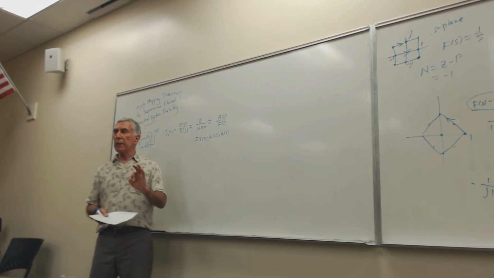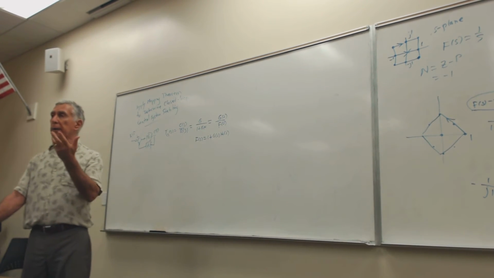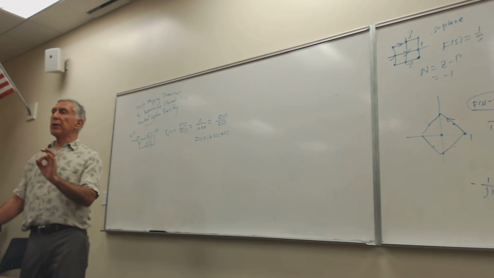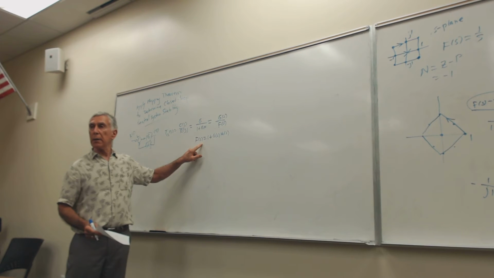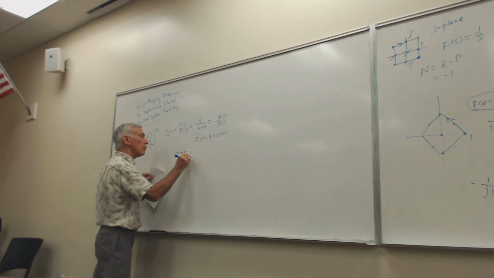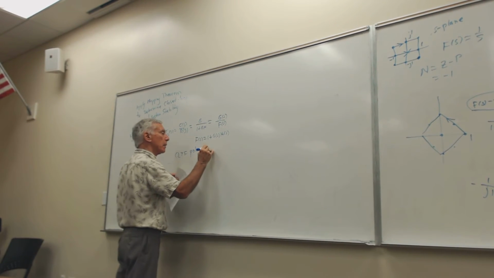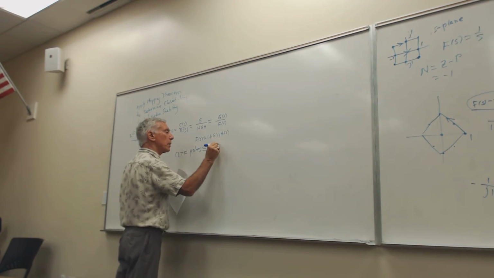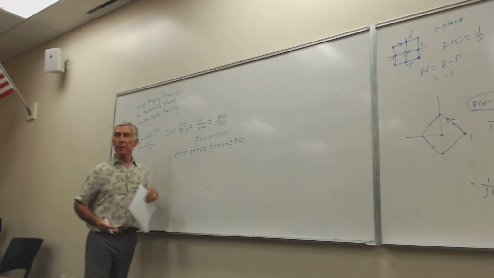The poles of the closed loop transfer function are equivalent to the zeros of this F of S.